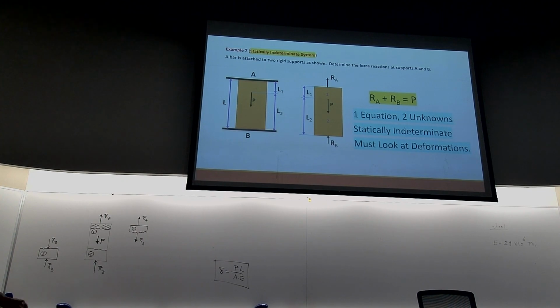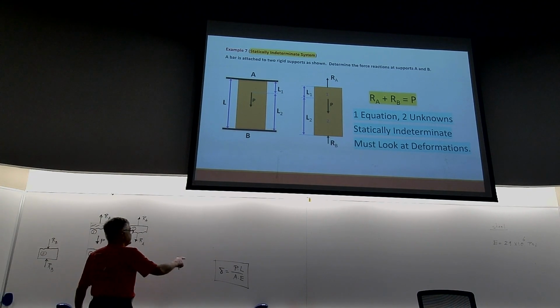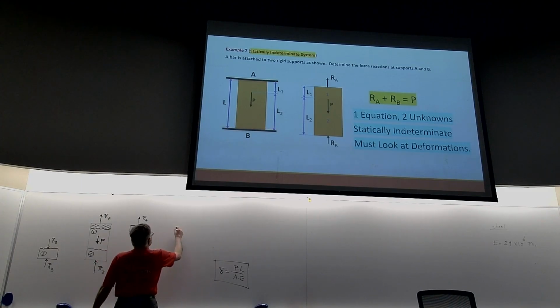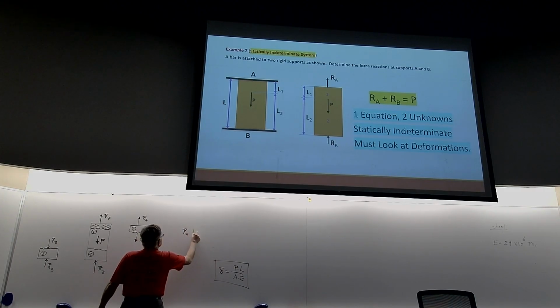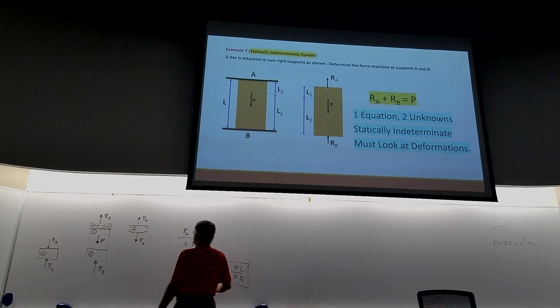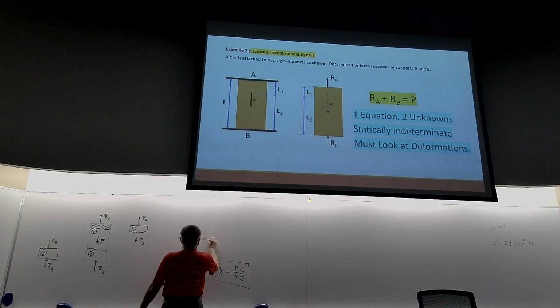So when we use this equation, for segment one, we use this force, RA, L1 divided by AE, minus RB L2 divided by AE equals 0.